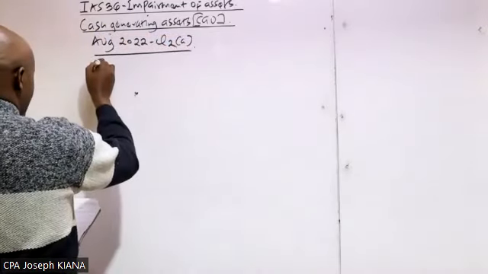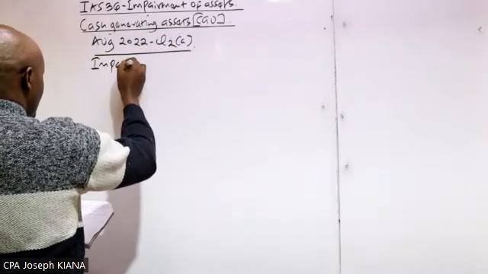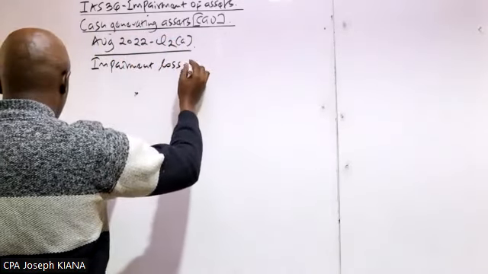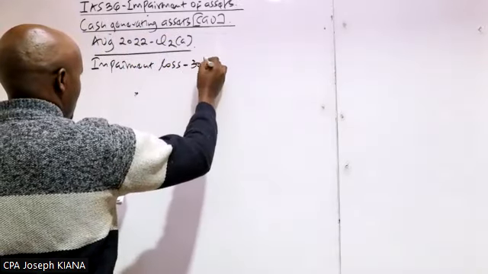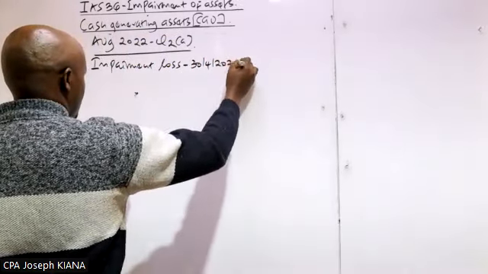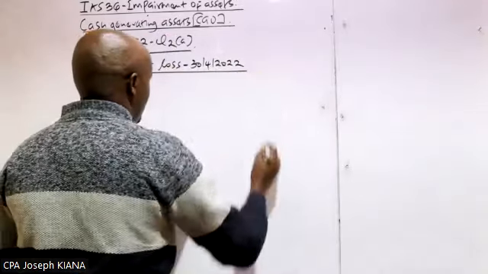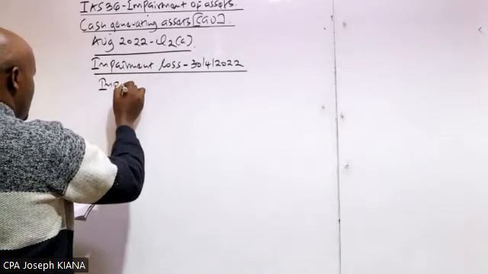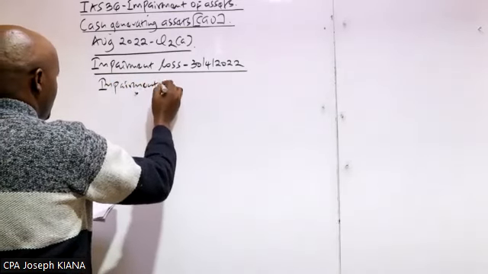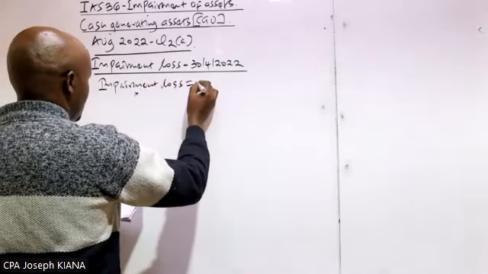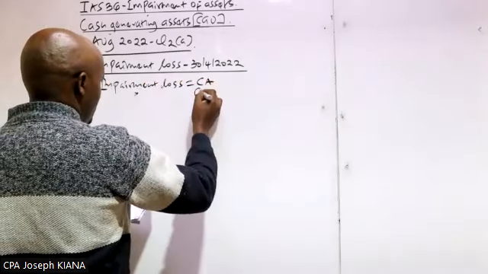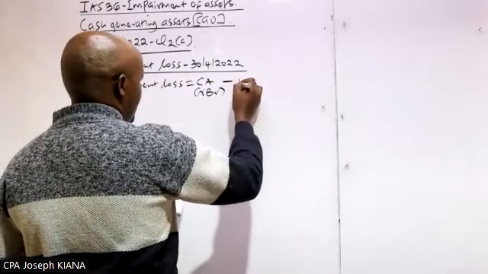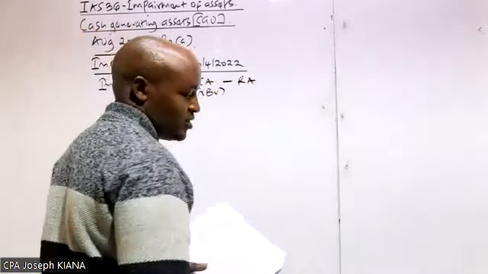So the first thing we need to do here is to determine the impairment loss, which we are computing for the year of April 2022. The first thing we need to recall is the formula. How do we compute the impairment loss? We take the carrying amount, which is also known as the net book value of the CGU, minus the recoverable amount.